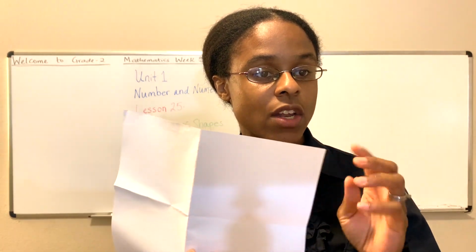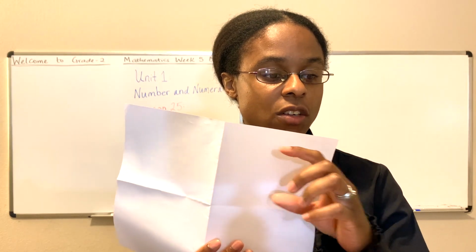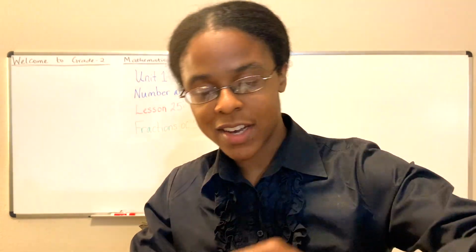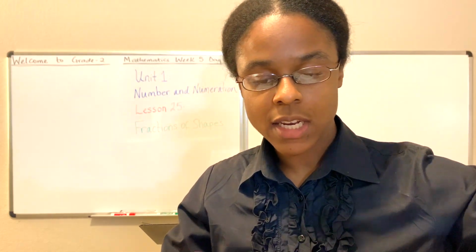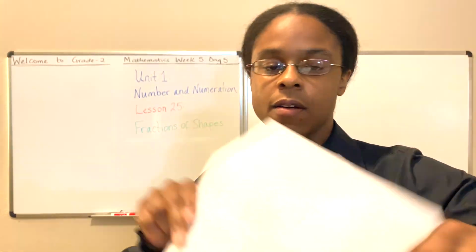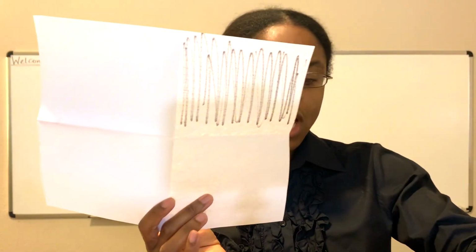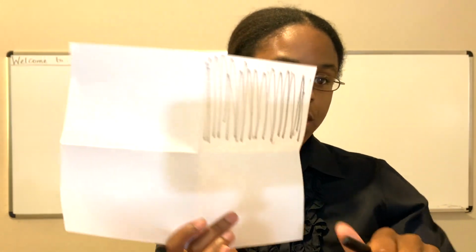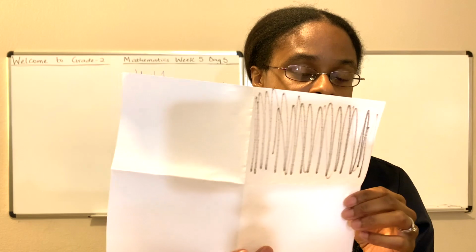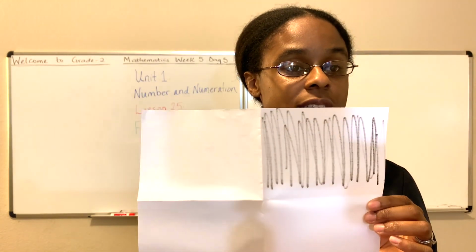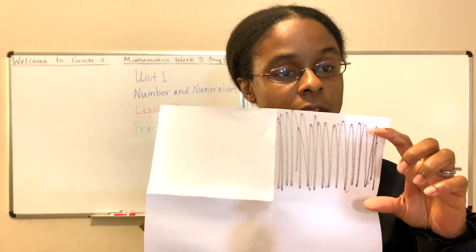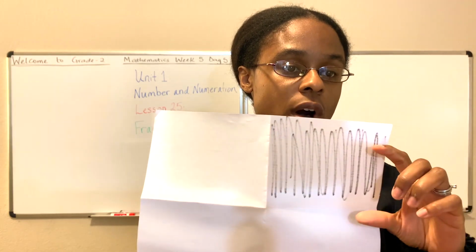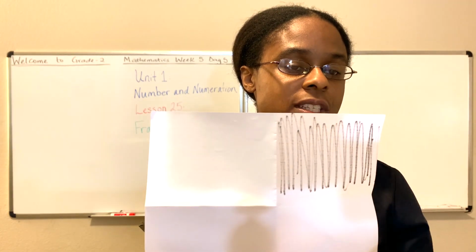Now, if I were to shade in one section, just for illustration purposes, I'm going to shade in this part. I'd ask you how many parts of the 4 are shaded, and you would say one part is shaded. 1 part of the 4 parts is shaded.